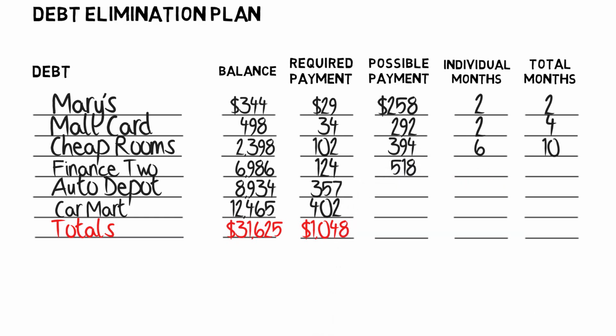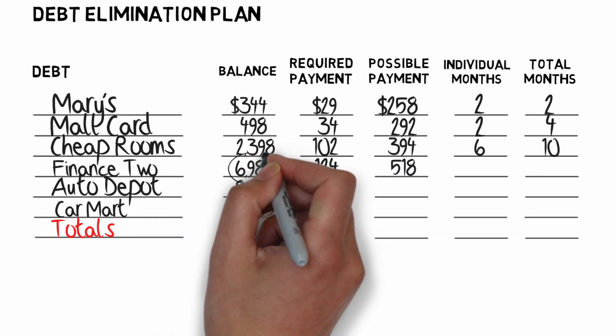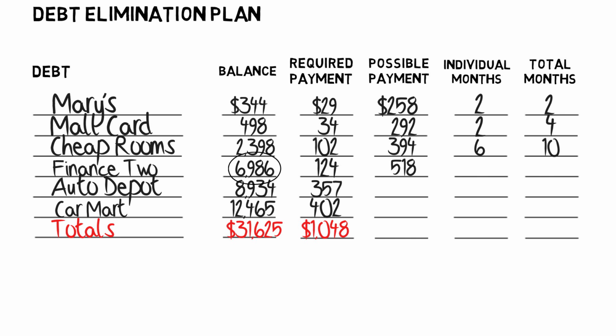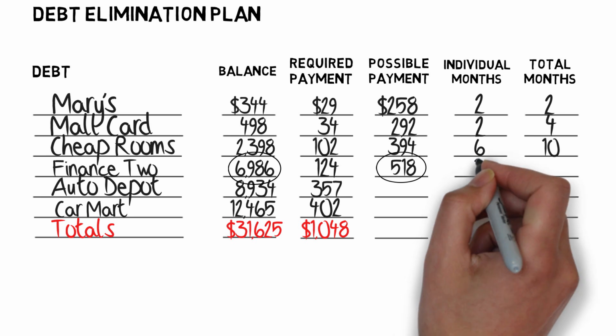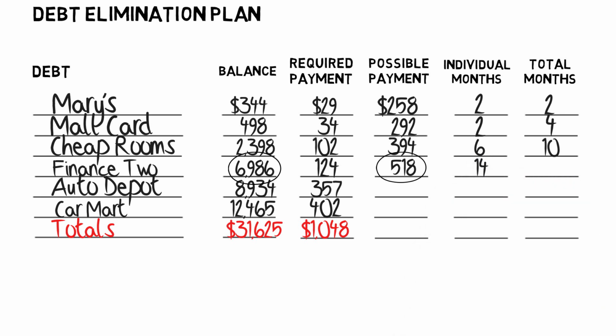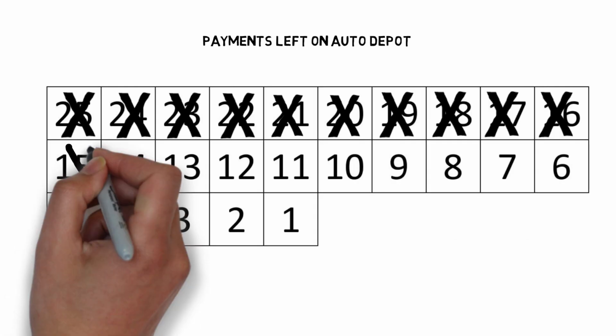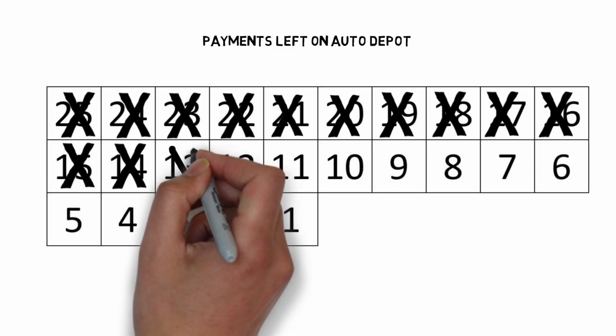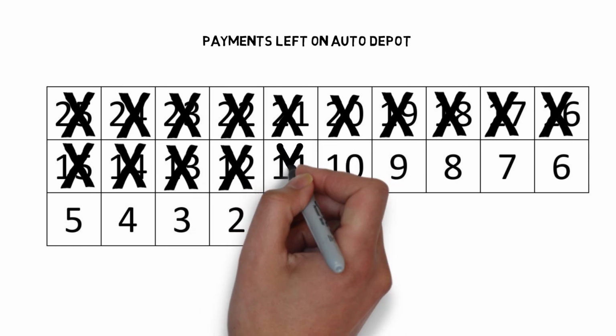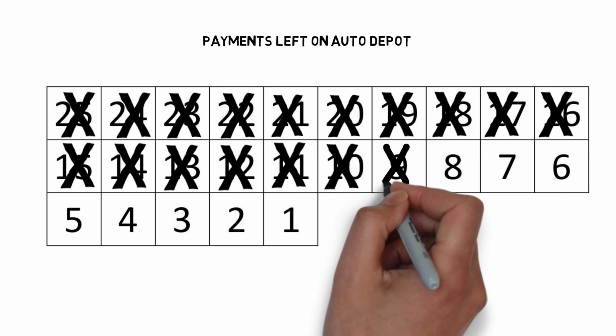They will then roll over the $394 to Finance 2. By paying $518 each month, it will take them 14 more months to completely pay it off. Altogether, it will take them 24 months to pay off Finance 2. So keeping up the date with the number of car payments remaining, you mark off 14 more for each.